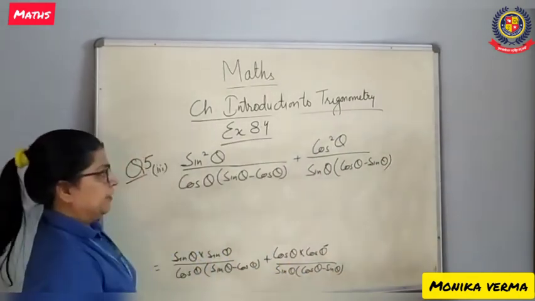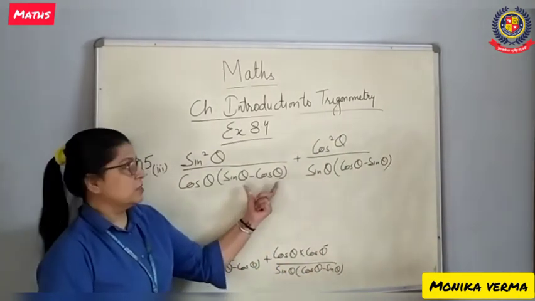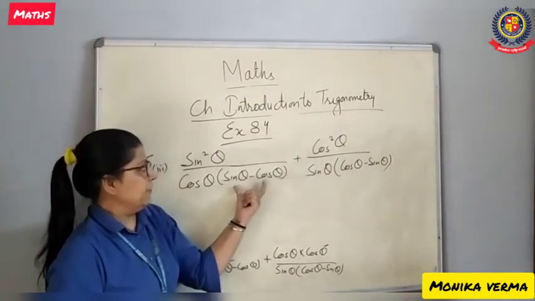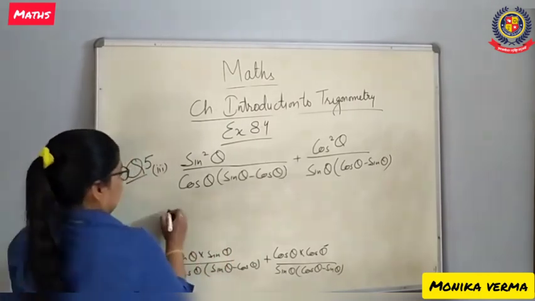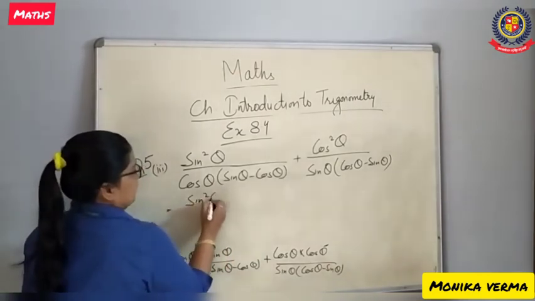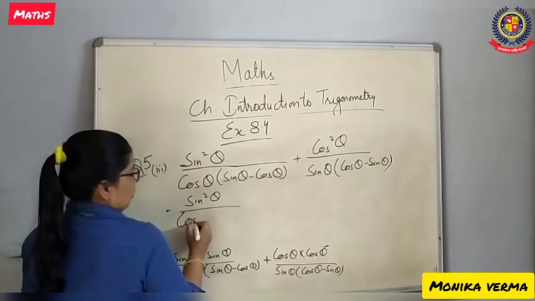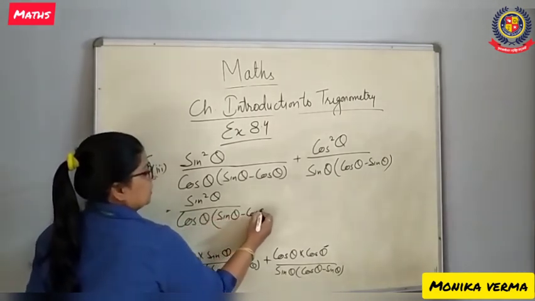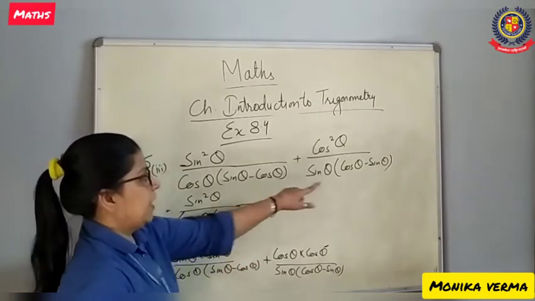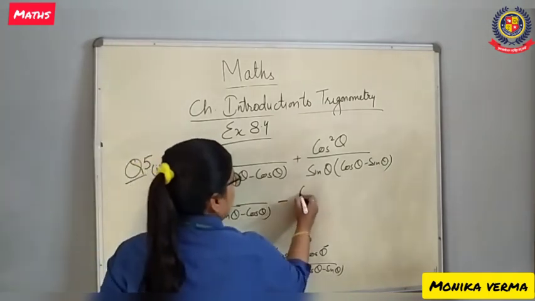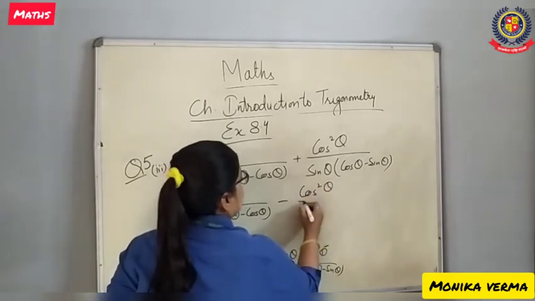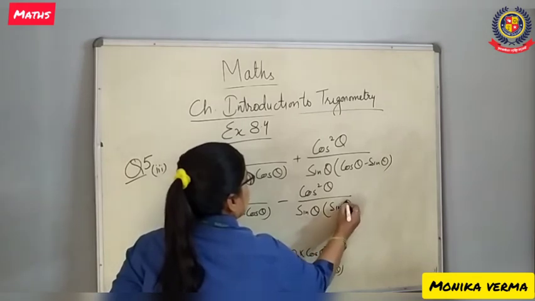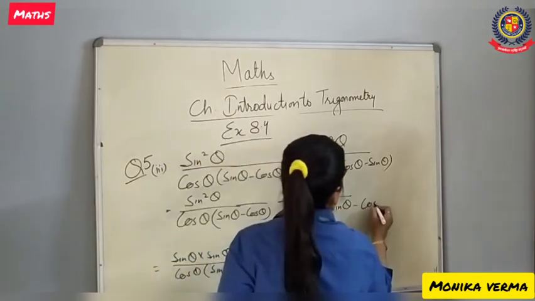Now if you look at the denominator, it is sin minus cos and it is cos minus sin. We can take minus common from this, then both will be the same. So we will have sin square theta upon cos theta (sin theta minus cos theta), and from here I will take minus common, so minus will come here: minus cos square theta upon sin theta (sin theta minus cos theta).